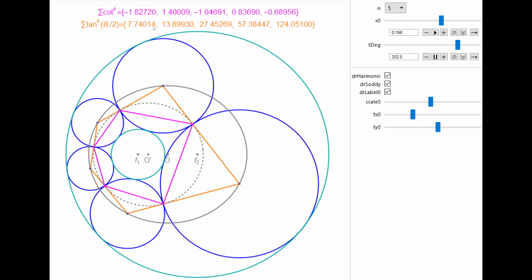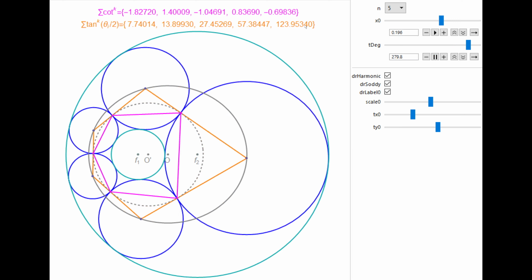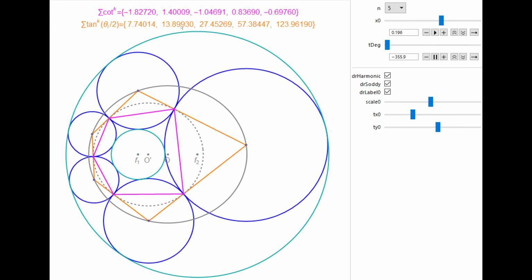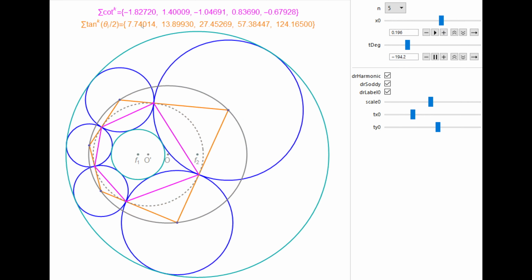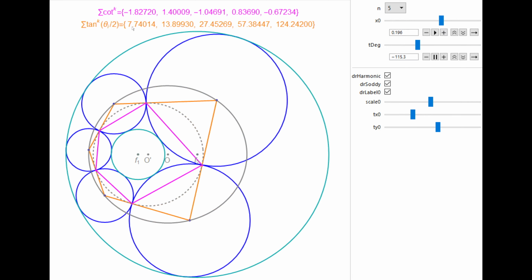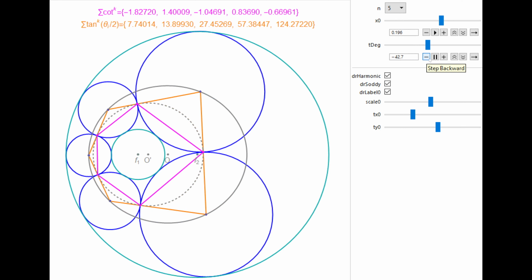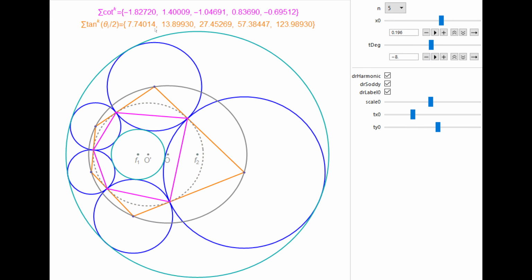So let's look at this chain of 5 numbers here. You can see that the first 4 numbers are staying put, while the last one is varying. Now, what do these numbers represent? This first number here is precisely the sum of tangents of the half angles of the orange family, to the power of 1.